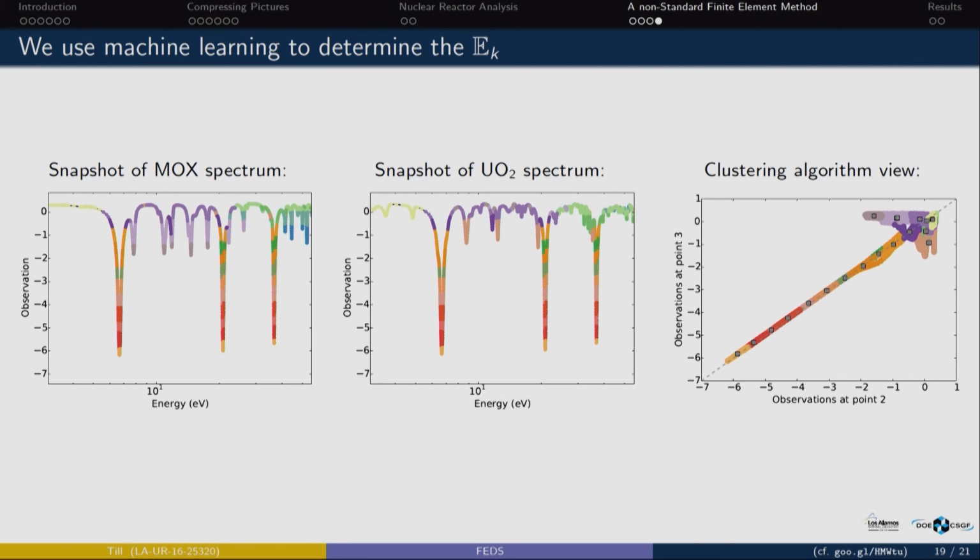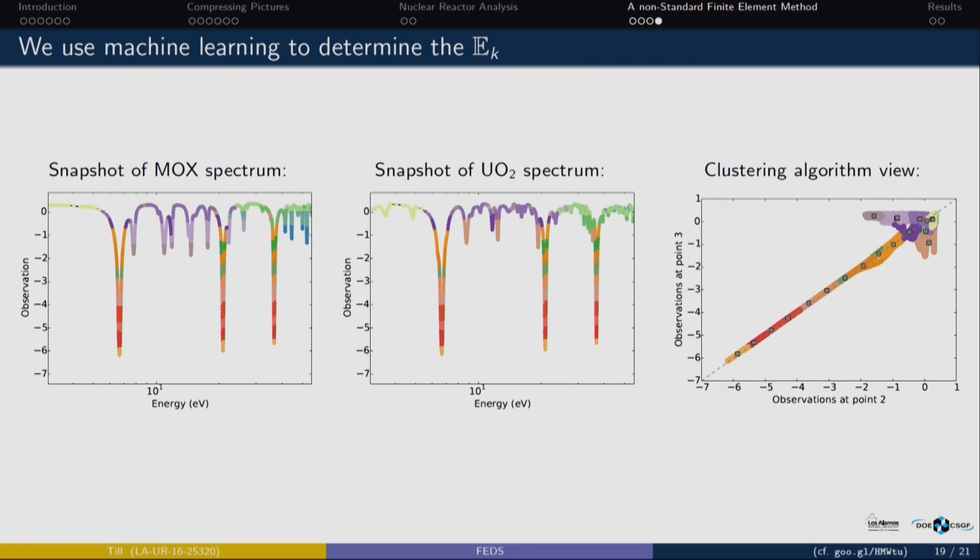So very quickly, say I have 2 different types of fuel pins. One has mixed oxide, so it has uranium-238 and some plutoniums in it, and I have another one which is uranium oxide, which doesn't have any plutonium but has uranium-235 in it. And I look at what, say, an infinite medium solution is, what the flux is in both of those elements, if there were just an infinite sea of both of those. This is what I get.